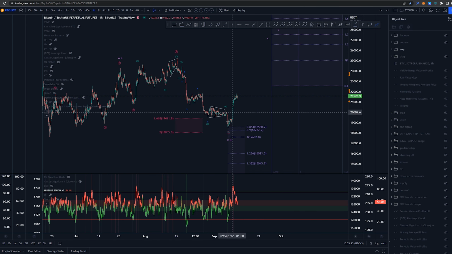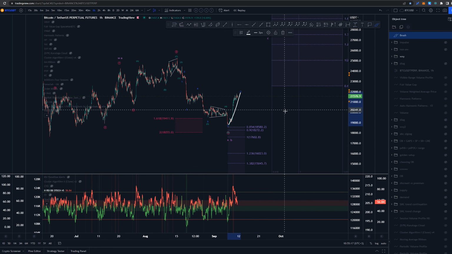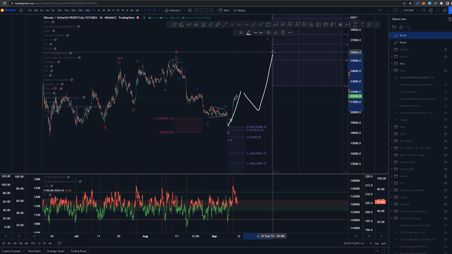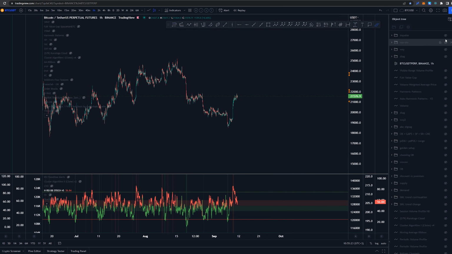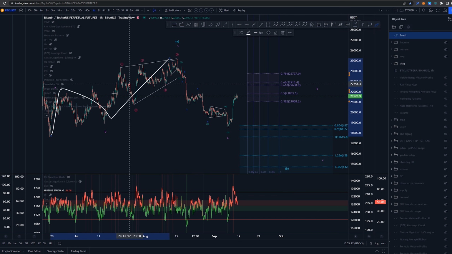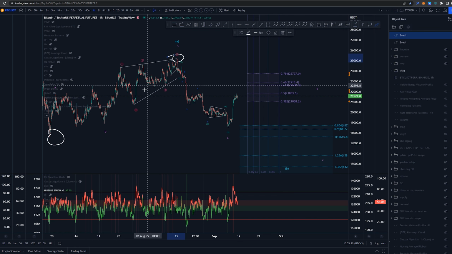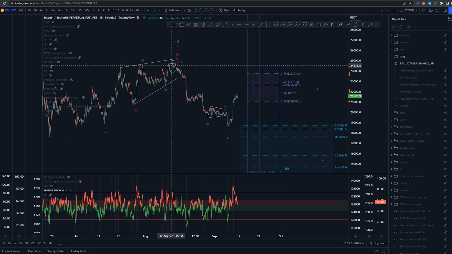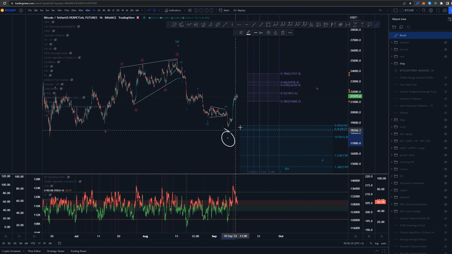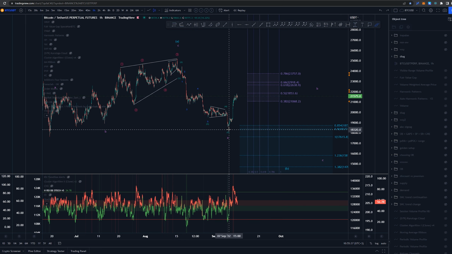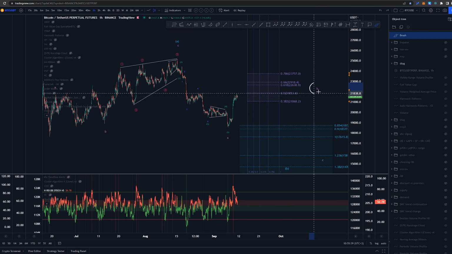My preference was the ABC count, in which this would be the wave 1, then 2 and 3, 4, 5 upwards, while the other scenario was that we had a 3-way structure here, starting from these lows, ending at these highs, however you want to be placing it, and then we would have this as the start of something as an A wave, and then we would be looking for a B wave here and then downwards.